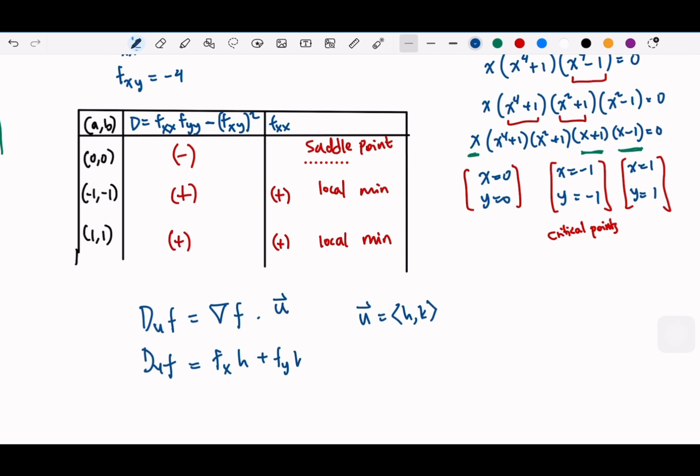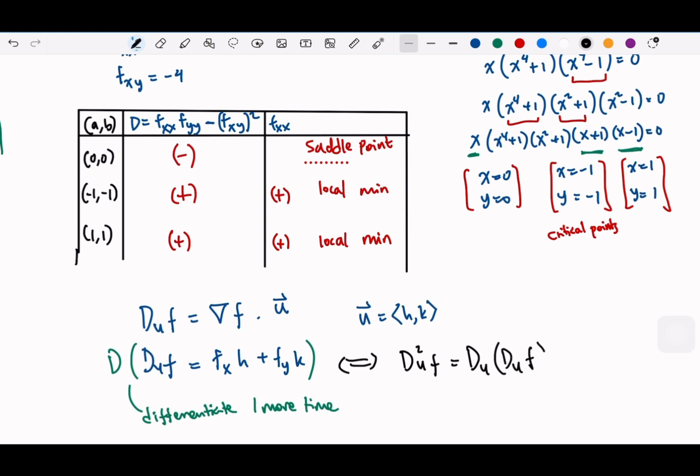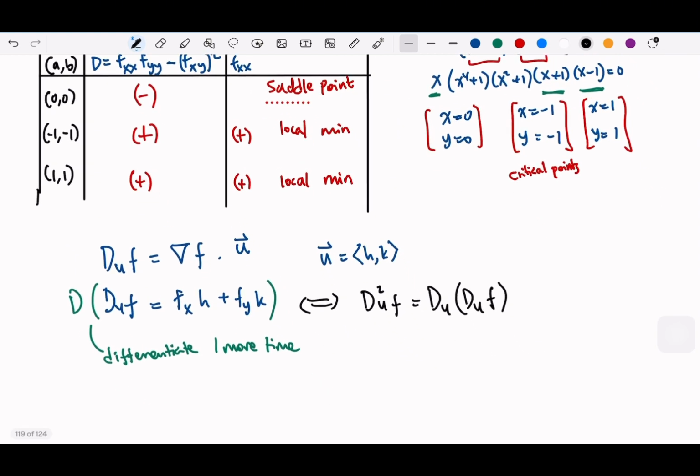So basically, we are going to differentiate one more time. So we get D_u squared f, which means this is the second directional derivative, will be equal to D_u of D_u f. So we use the operation in directional derivative twice.